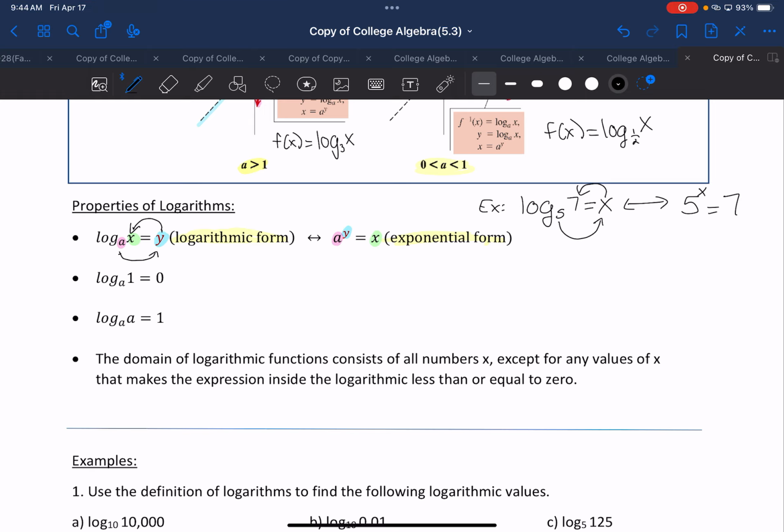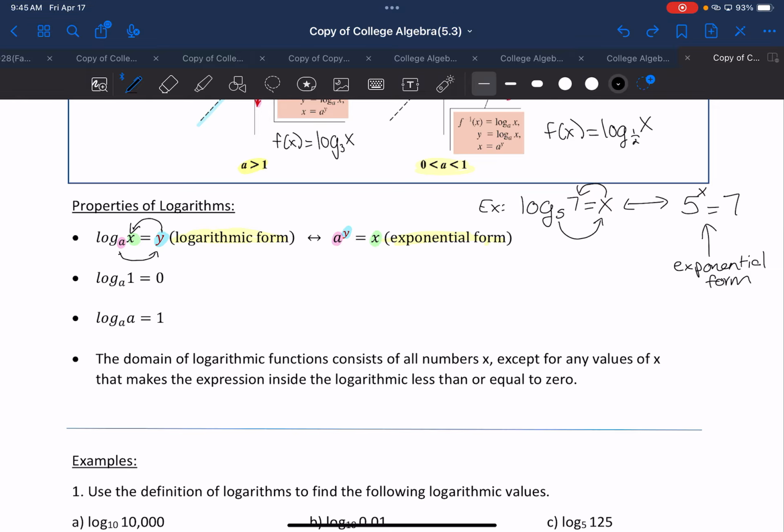So that is its exponential form. And you can go backwards too: they'll give you the exponential form, and then you just plug all that information into the log, which we're going to do some examples of in a minute.